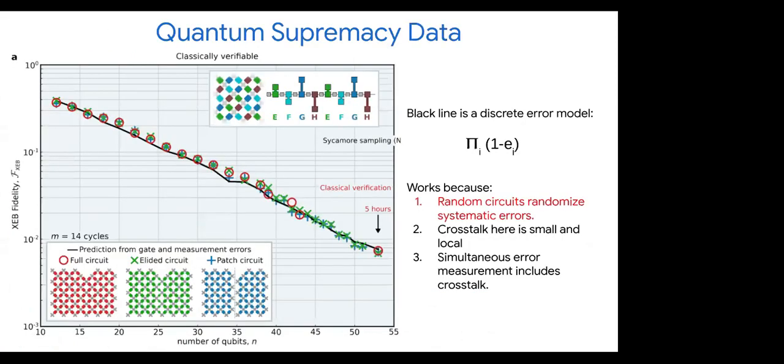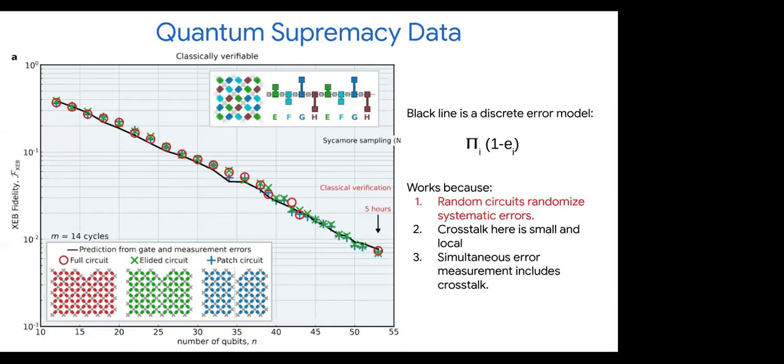Okay, so these are the experimental results. The first thing to note is the black line. That's what we get from what we call the discrete error model. So what we do is we basically multiply the probability of not having an error in any gate. We saw a couple of slides ago the Pauli error rate, so the probability of error for all the gates in simultaneous cross entropies.